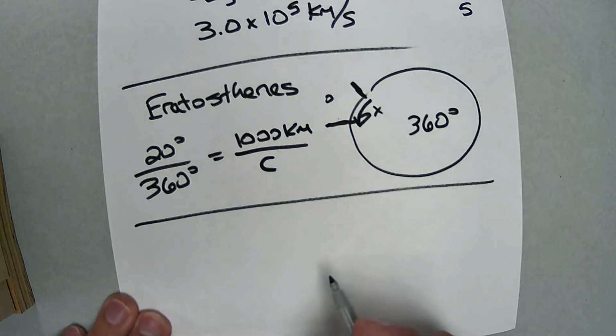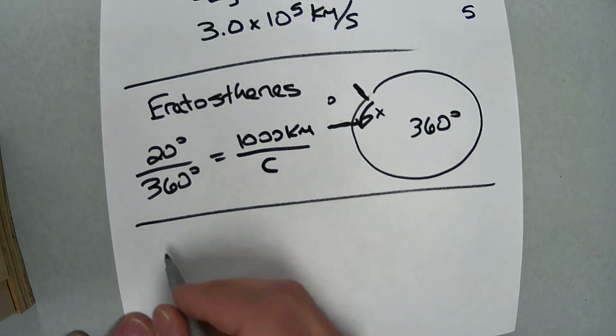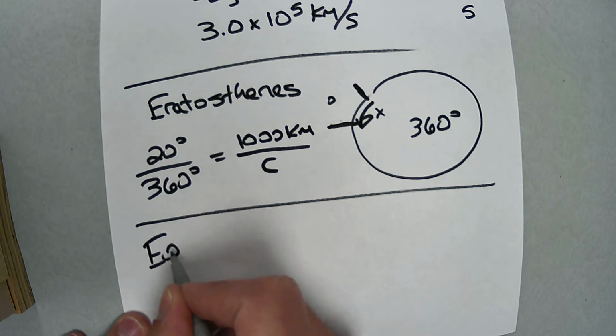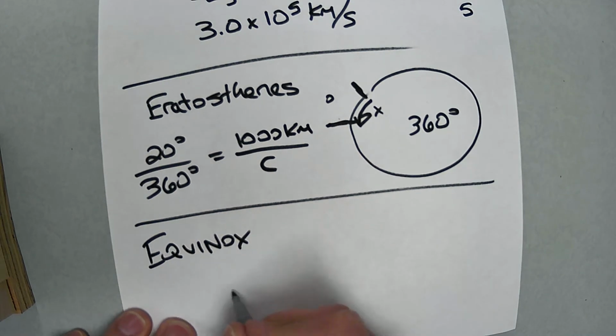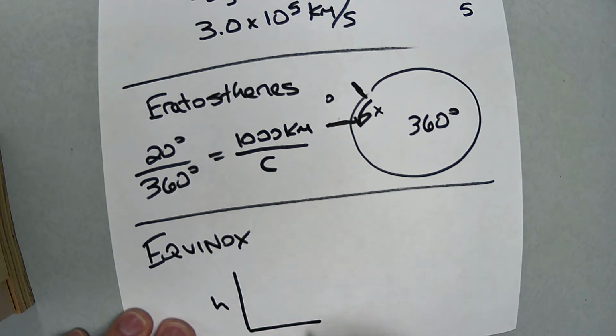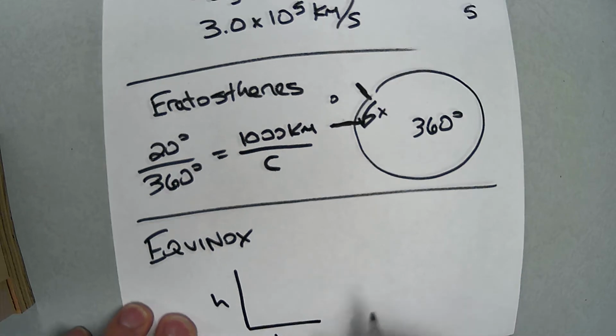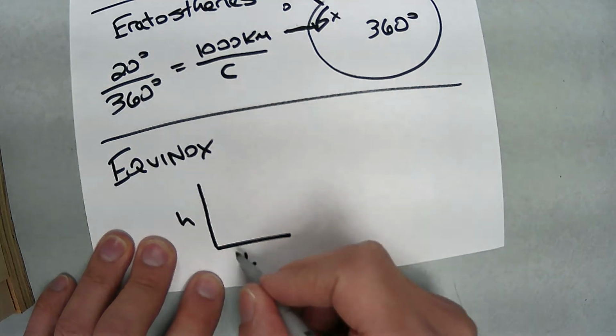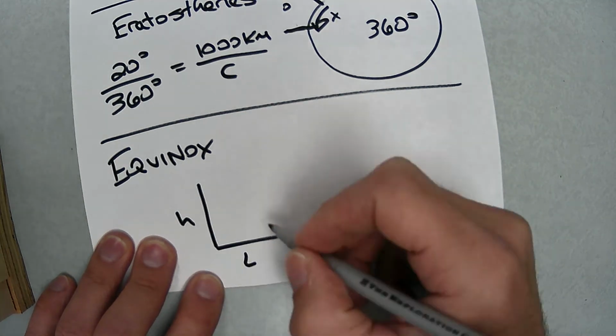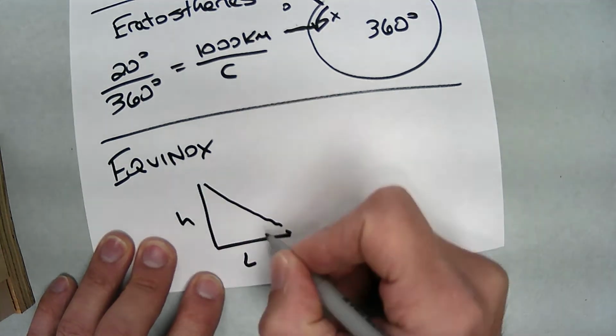There's also a question about the equinox. So you have to go back and look at your notes on equinox. The equinox, we measured a stick and its shadow. Essentially, this is the height of the stick. This is the length of the shadow. And you basically have this number and this number. We want to figure out this angle right here.